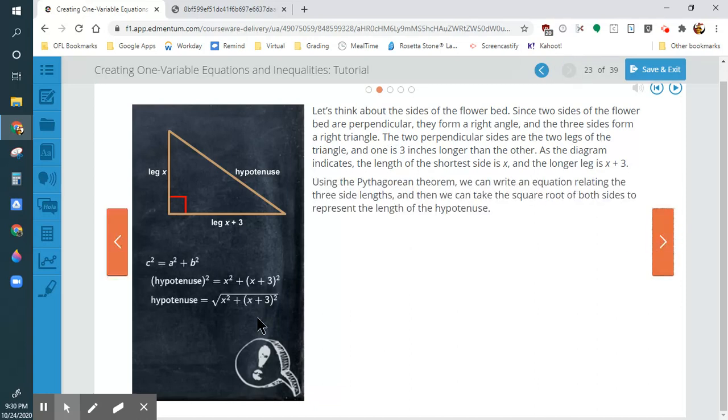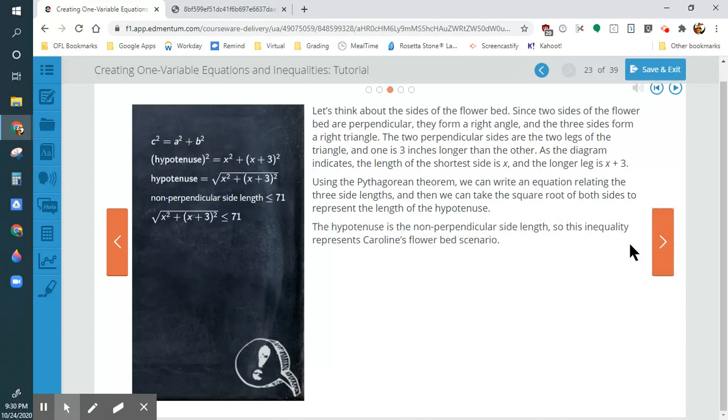Let's say it's 3 inches longer than the other. So we're going to say this other leg is 3 inches longer. We're going to use our a squared plus b squared equals c squared to figure out that hypotenuse. So this is where we can get radicals here. If we're solving for the hypotenuse, we're going to have to take the square root at some point in time. So this is where we get polynomials combined with this.